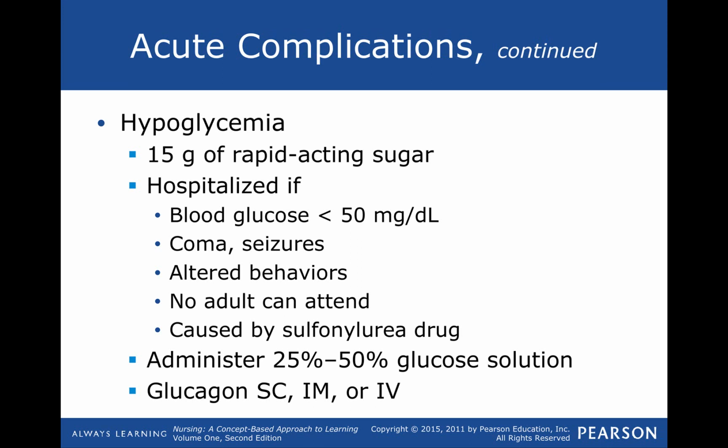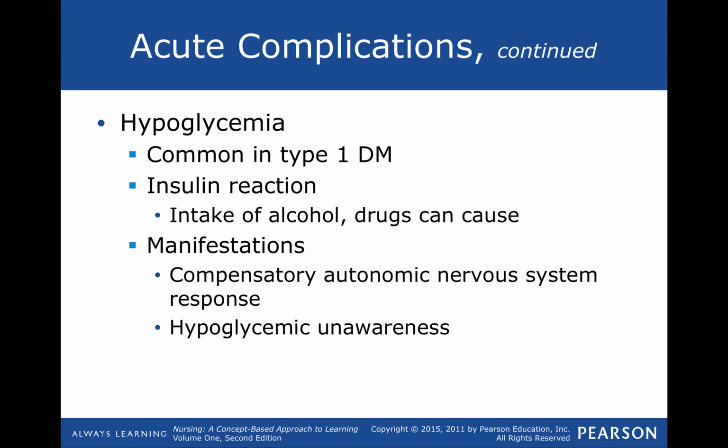If you're in the hospital, usually blood glucose below 50, they have protocols to follow. We don't want you to get too low, because not having enough sugar to your brain can result in seizures and a coma, altered level of consciousness, and you need to make sure that we are taking care of that.